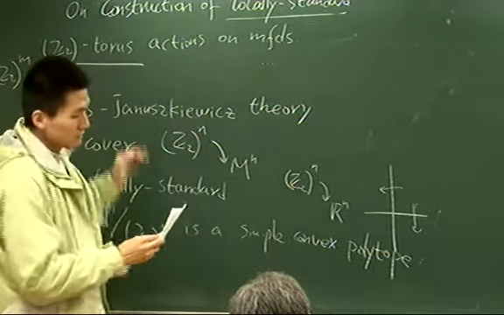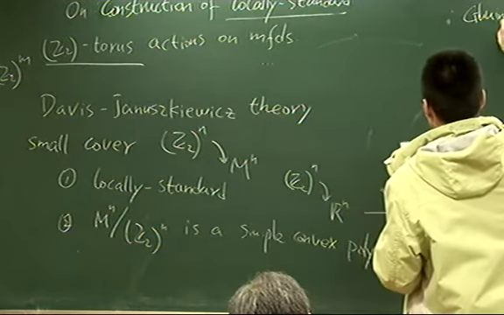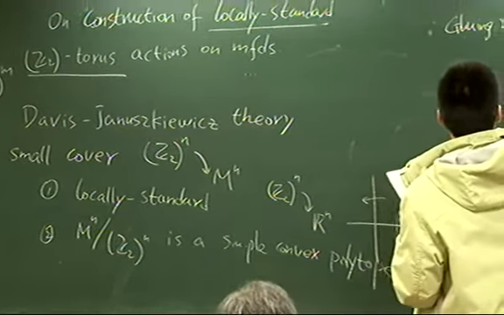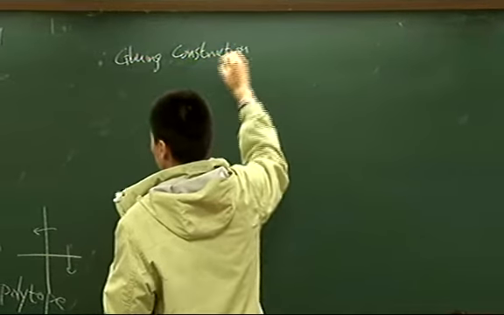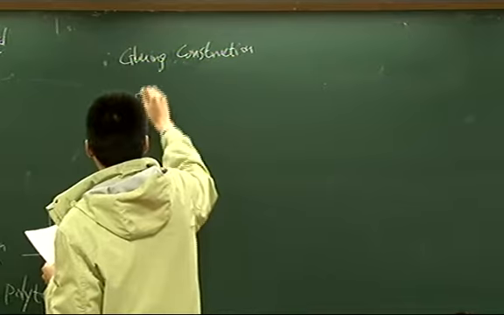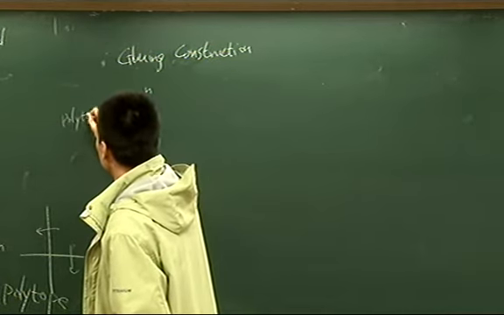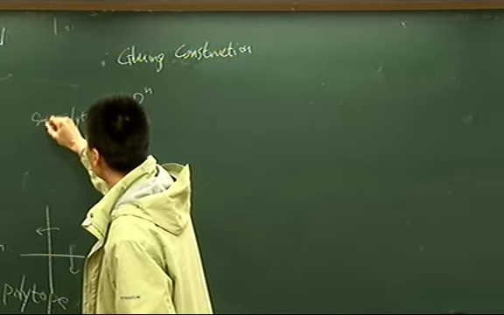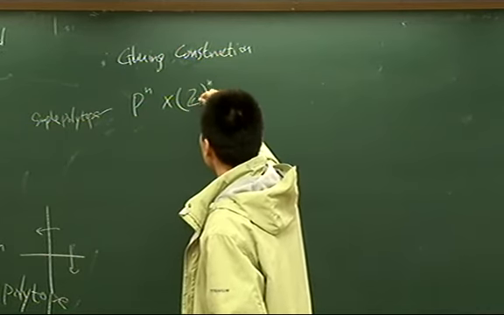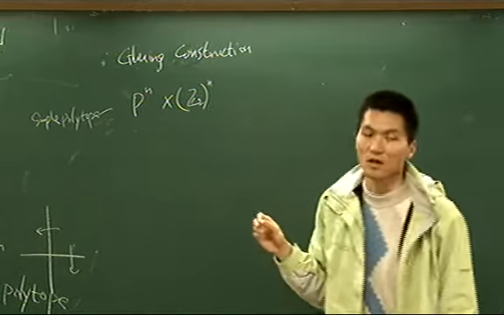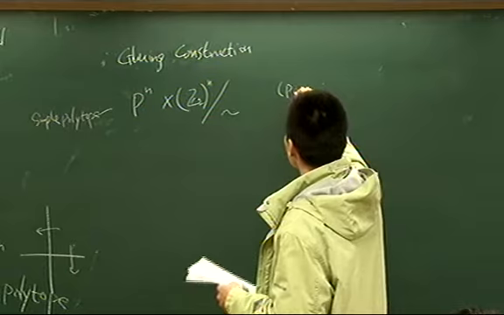And also, they write down a gluing rule. The gluing construction for a small cover is like this. Suppose we have a simple polytope P. We cross it with Z2^n. So we take 2^n copies of P, and then we glue some points.